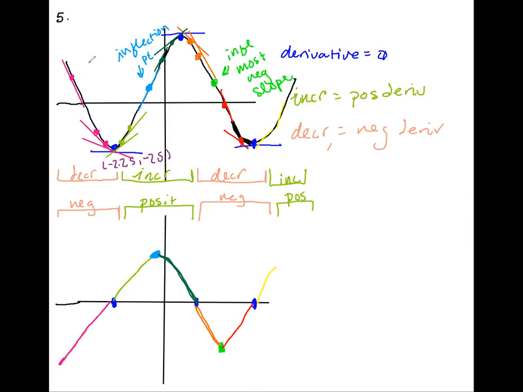And then I would pick a point like maybe, let's see, inflection point at maybe negative 0.75, comma, we're just going to call it 1 for the sake of our sanity.